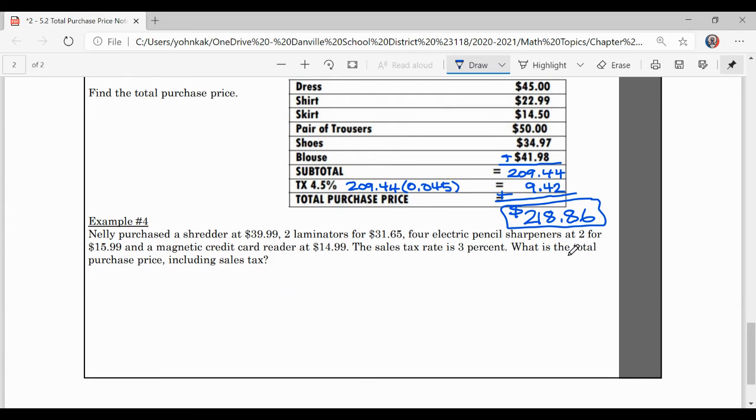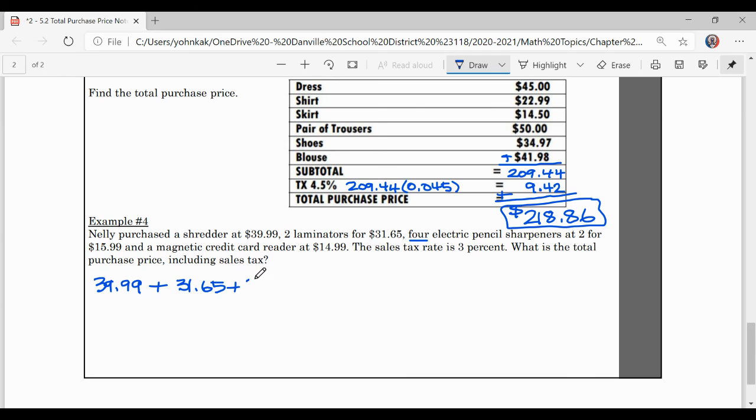All right, number 4, Nellie purchased a shredder for $39.99. 2 laminators for $31.65. Notice there's no each, so it's just $31.65. 4 electric pencil sharpeners at 2 for $15.99. So I need 4 altogether, but every 2 is $15.99.